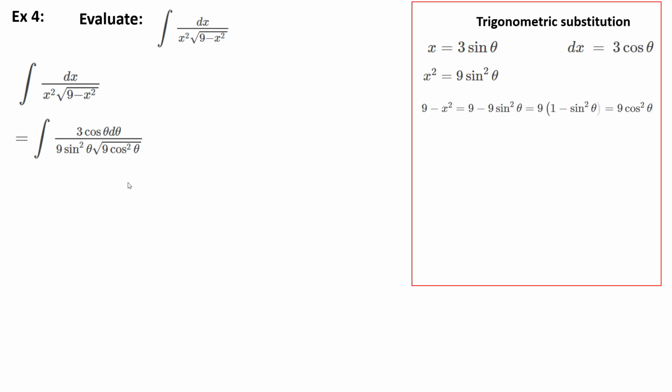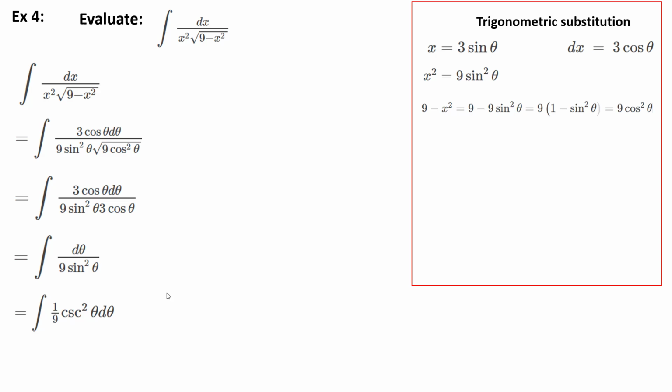All right, and then, of course, I'm going to simplify. The square root of 9 cosine squared theta is 3 cosine theta. The 3 cosine theta cancels out. You get d theta divided by 9 sine squared theta, which is 1/9 cosecant squared theta d theta.